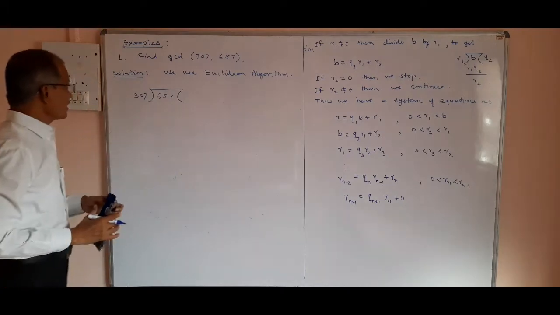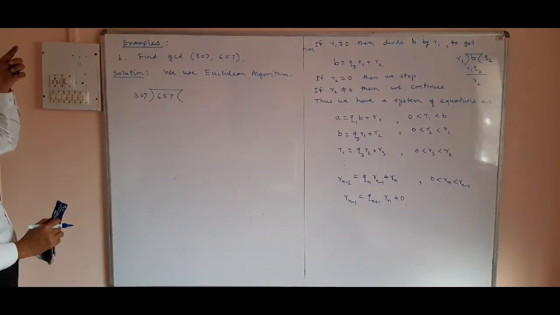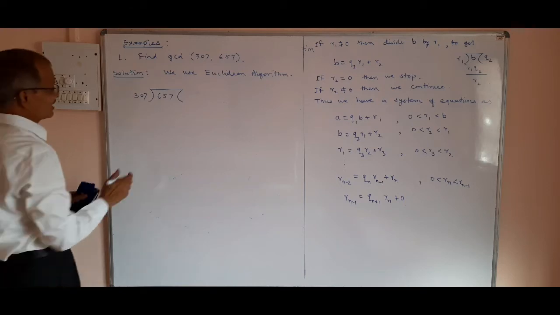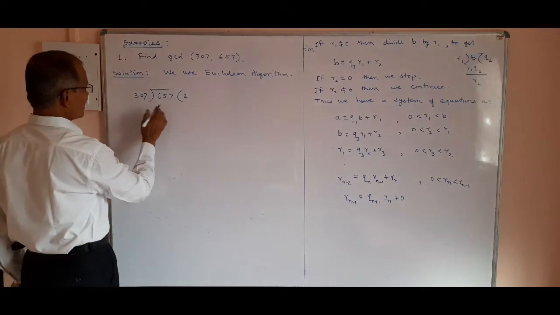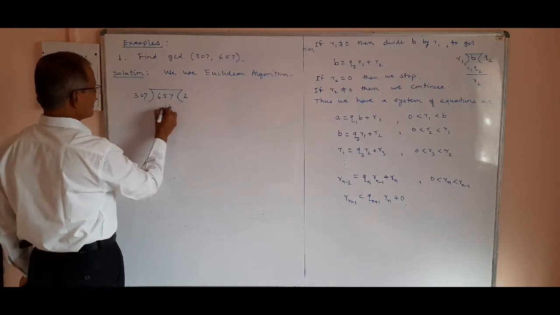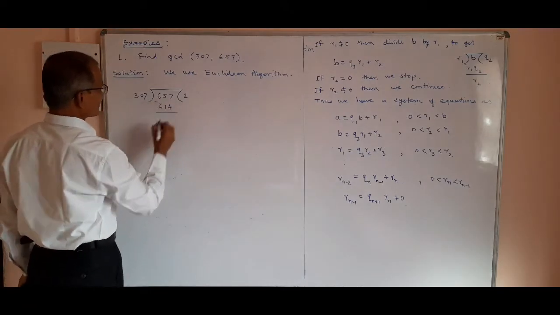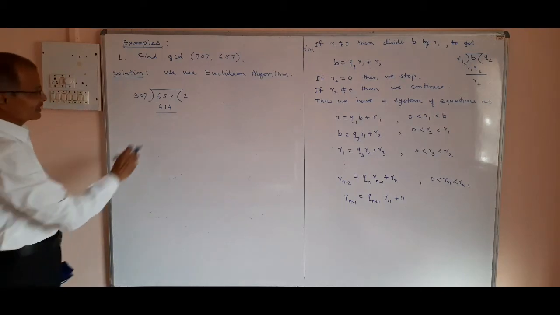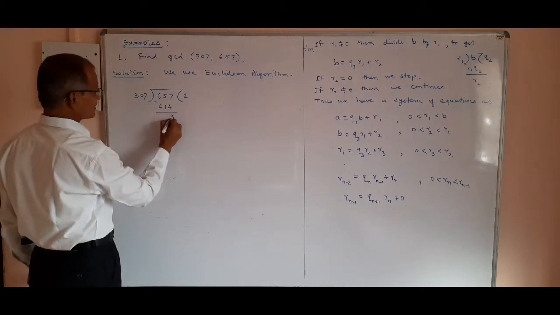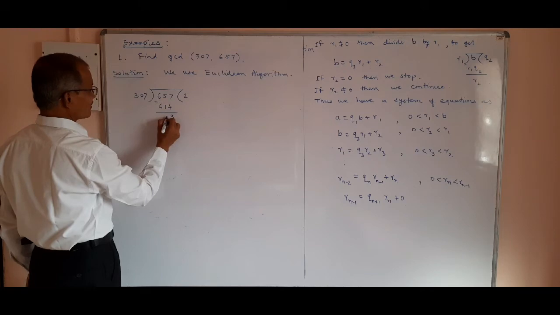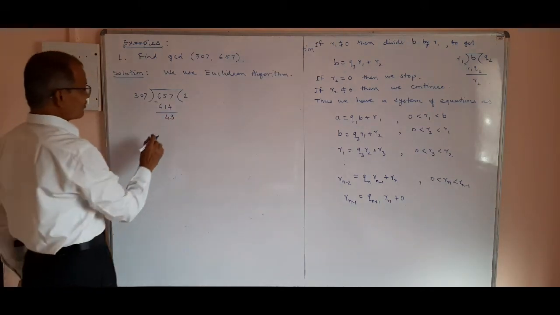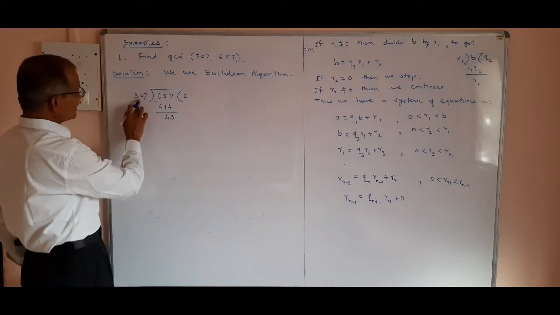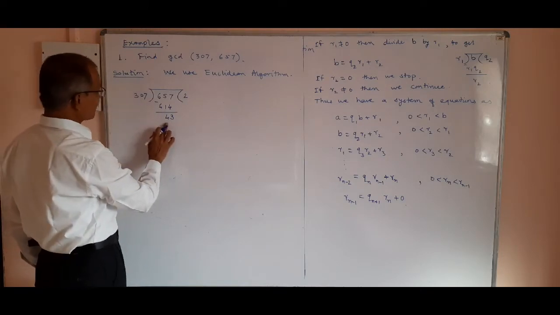So the division will be, you can see, 2. Divisor will be 2, first divisor, and this is 614. So what is the difference? The difference here is 43. And again, now what we have to do is divide 307 by 43.